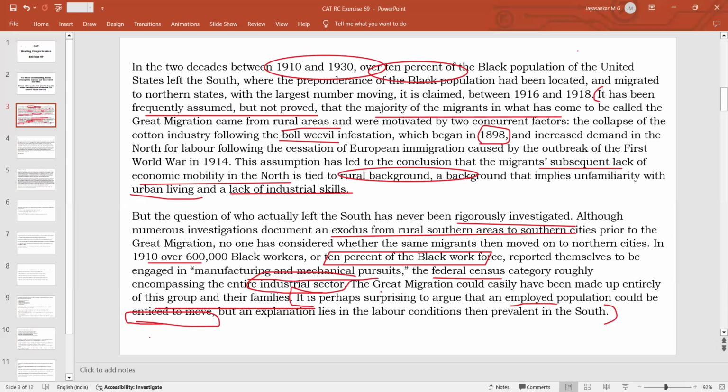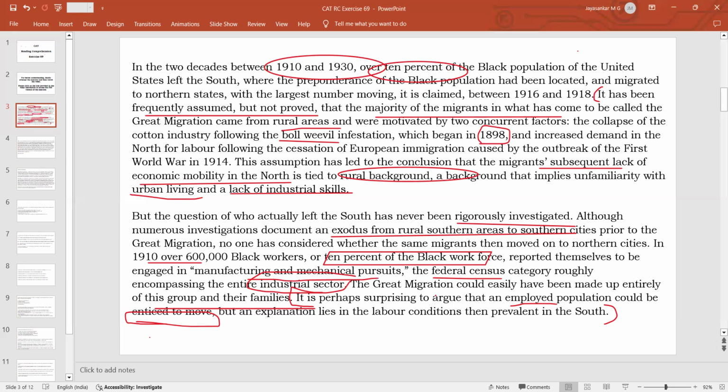Then the author says that this may be doubtful, because there was a very big migration of black workers from the rural areas to the cities even before 1910, and almost 10% of the total black population were already employed in the cities in industries. So they are skilled workers settled in the cities, and these 10% might have moved to the north.